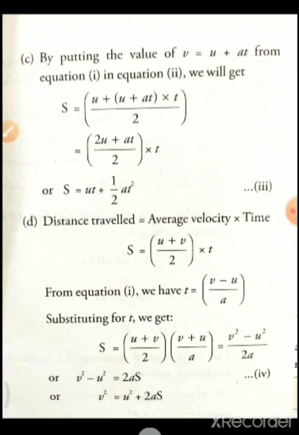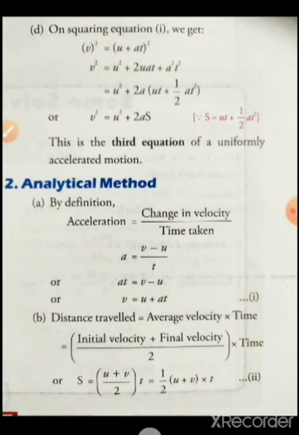BC is equal to BD minus CD, so we can write that, divided by AC. BD is v, CD is equal to AO, which is u, and AC is equal to t.